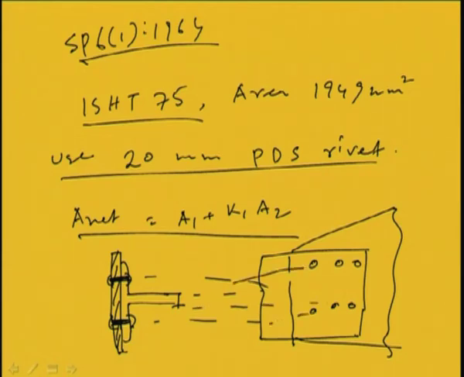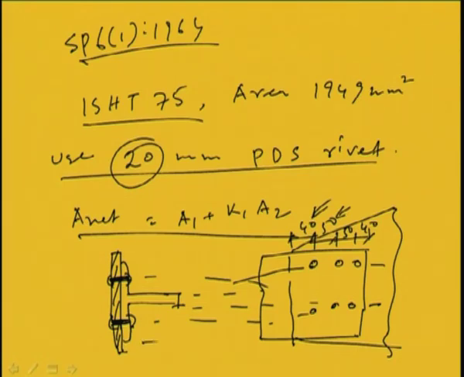Now let's assume this as, say, 50 and 40: 40 edge distance and 50 pitch distance. This is 40, because 2.5 D with 20 mm diameter has been used. So 20 into 2.5 is 50, and say we provide edge distance 40. However, it can be changed also.